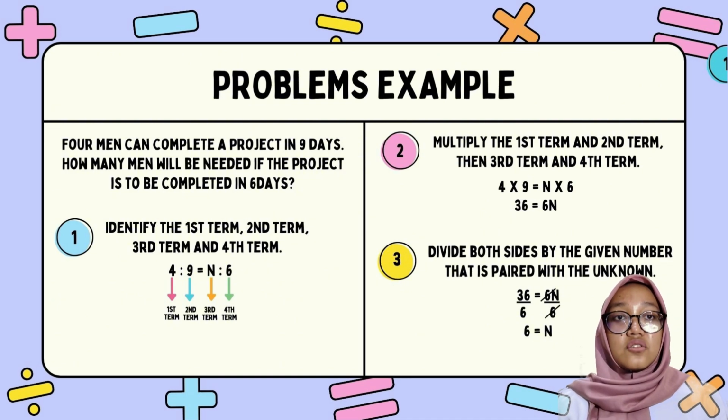So we will operate that and the result will be 6 equals n. So we have the value of n is 6. So how many men will be needed if the project is to be completed in 6 days? We can give 6 boys to complete the project in 6 days.